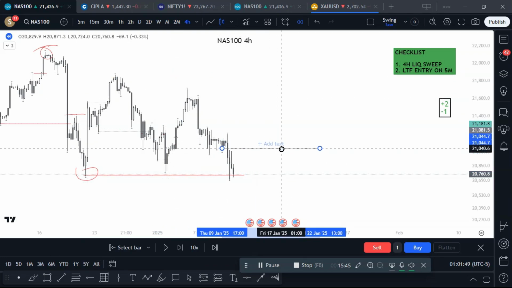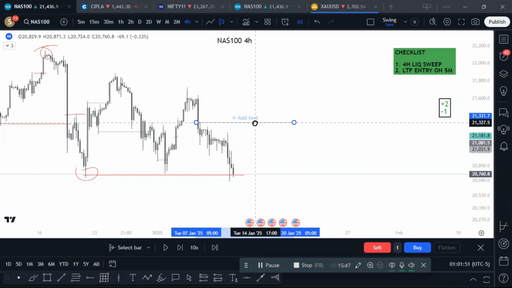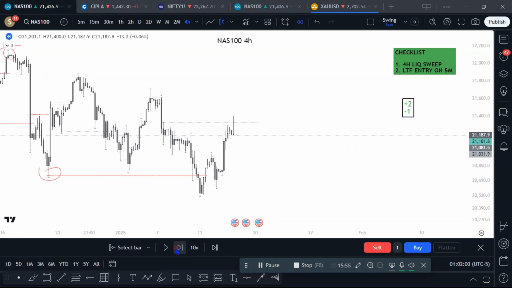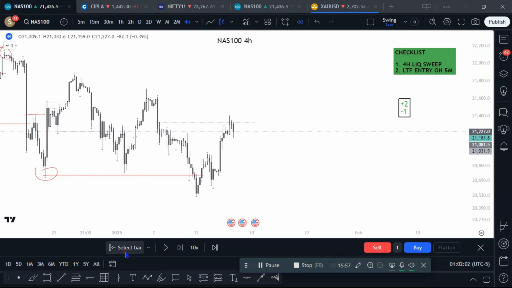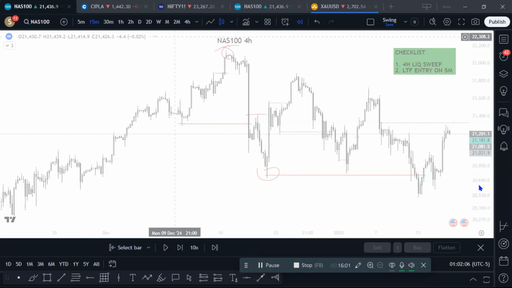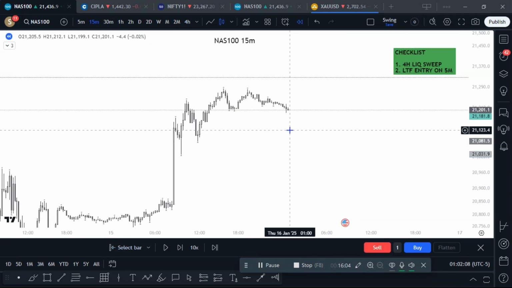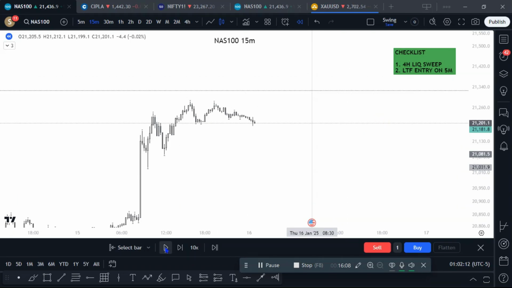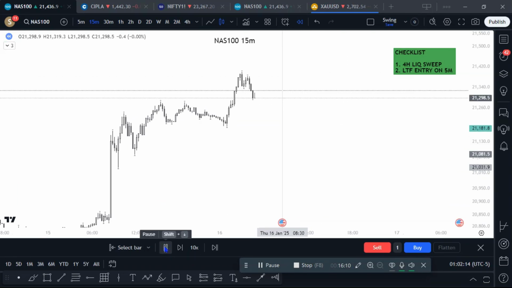Now we have liquidities, this. Now set this, wait for price to sweep anything. Boom, here price swept this liquidity. Let me mark 8:30. Let's run the price.